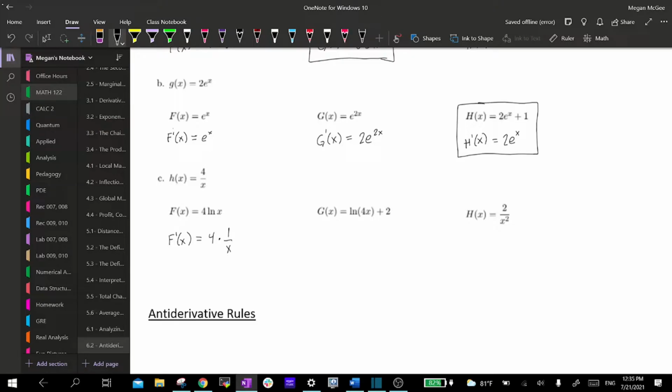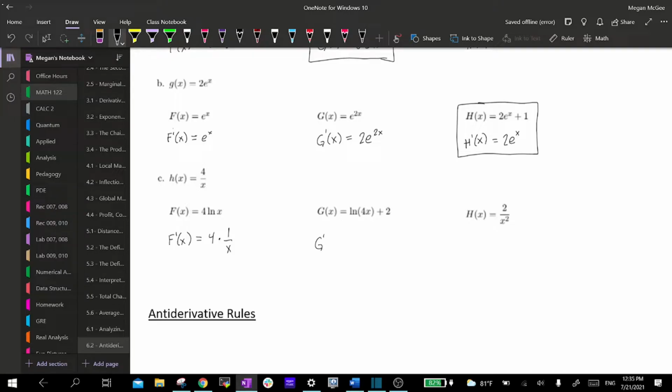Okay, so that looks pretty good. That looks like what we want. Let's go ahead and double check the others, 1 for practice and 2 to make sure there's nothing else that gives us the same answer, because that is possible, right? We learned that antiderivatives are not necessarily unique.